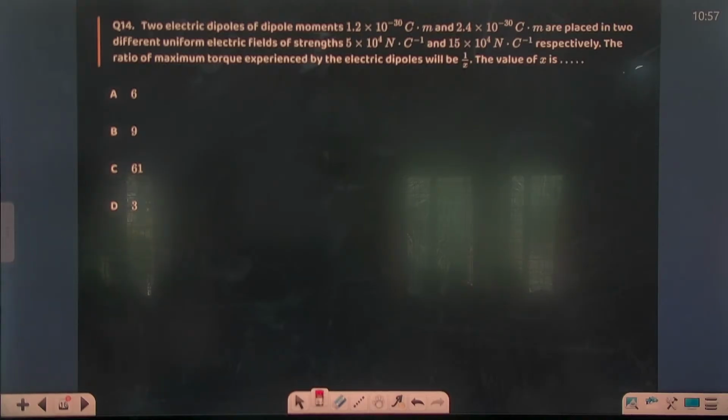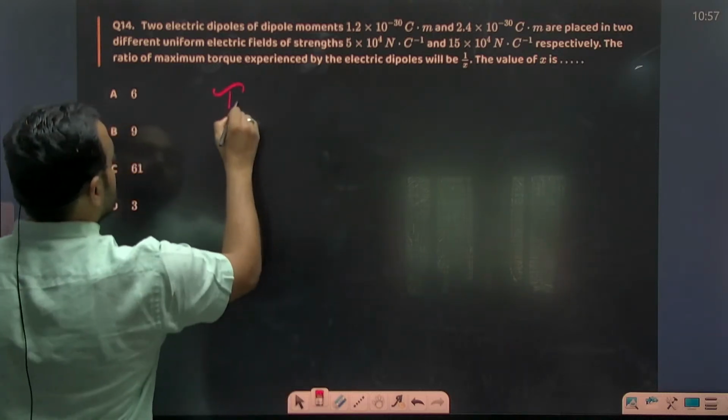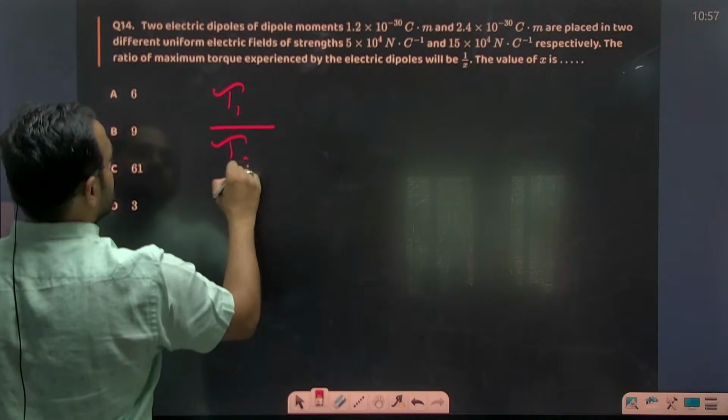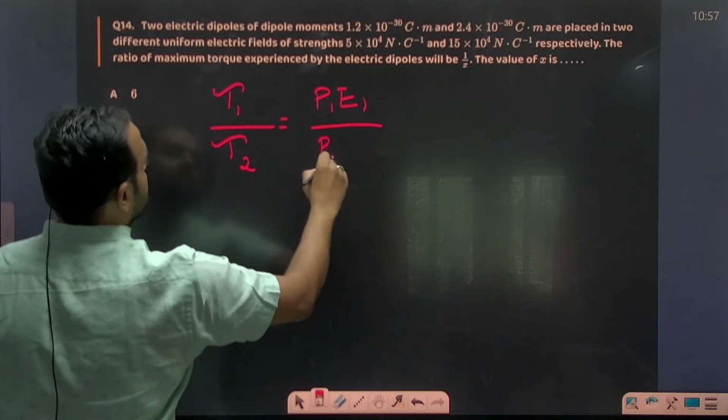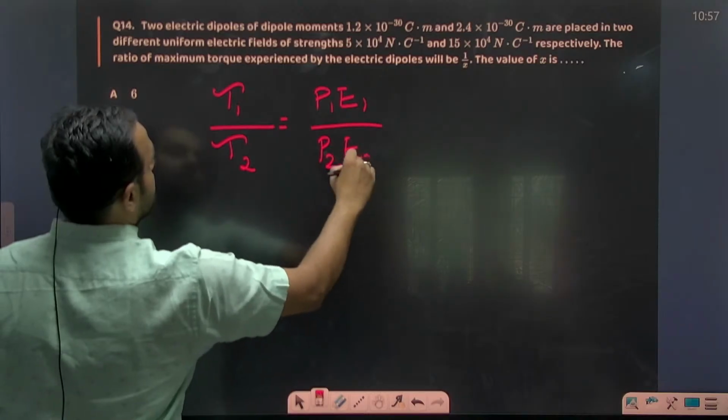The maximum torque ratio is 1:x. So maximum torque 1 divided by maximum torque 2 will be P1 E1 divided by P2 E2.